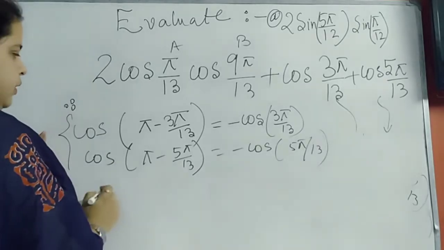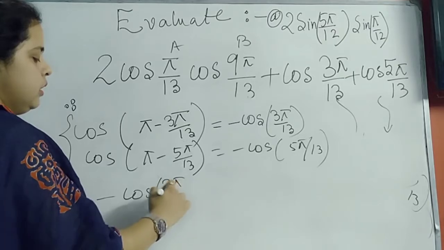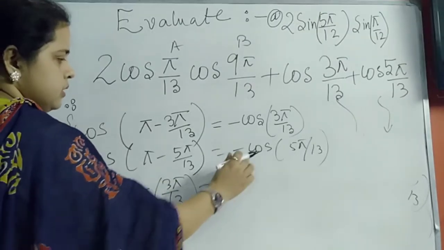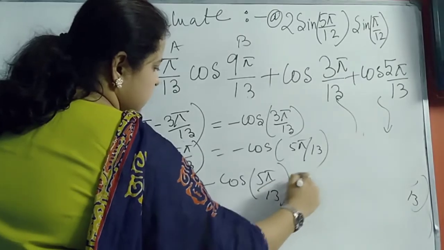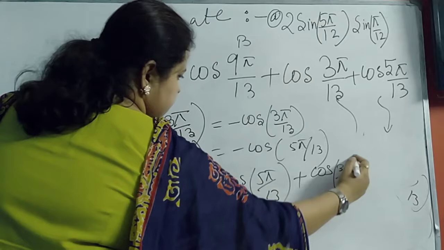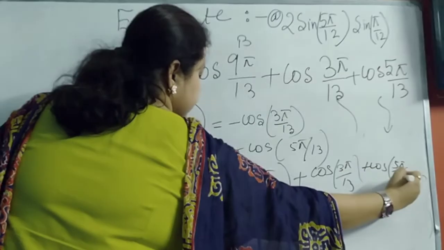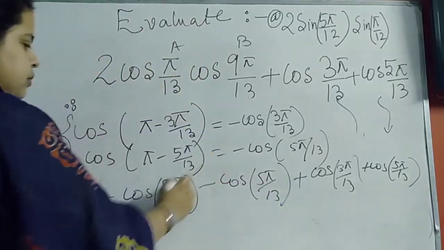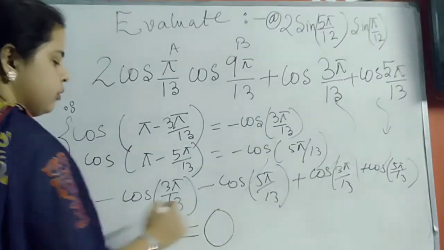You will write the first term as minus cos 3 pi by 13. You will show the second term as minus cos 5 pi by 13. The third term as it was, no changes. And the fourth term as it was. So cut and cancel, giving 0.